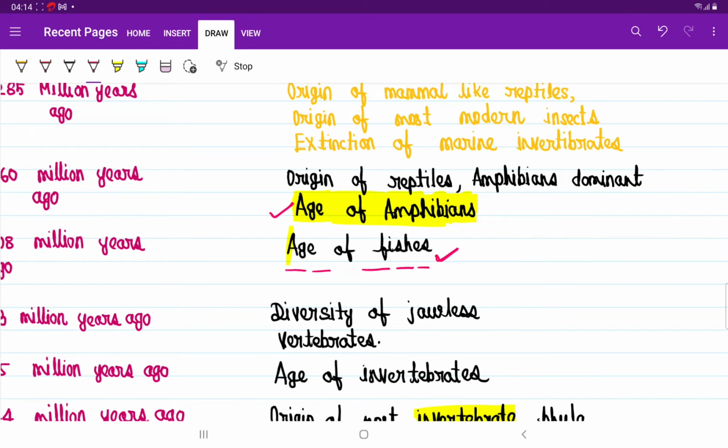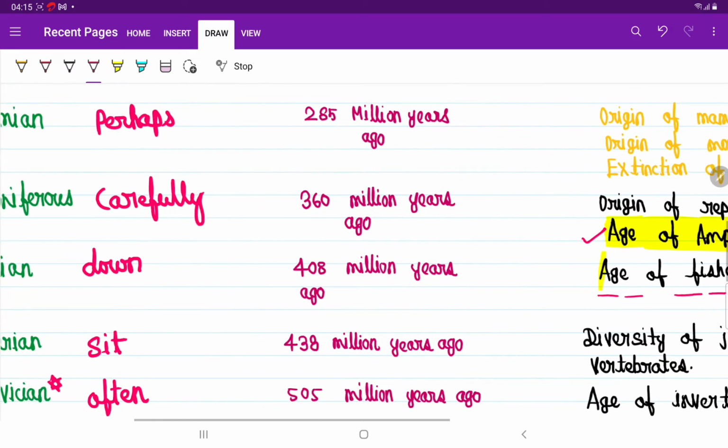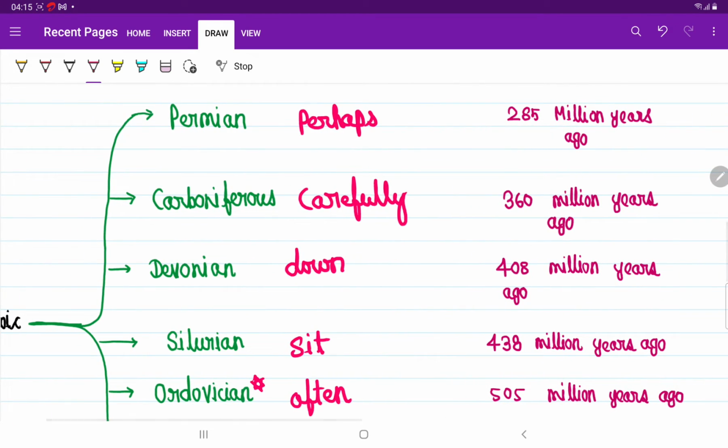Even reptiles originated during this time, and for the vascular plants, we started to see a kind of extensive forest. Scientists even believe that the first seed plant originated in this Carboniferous period.